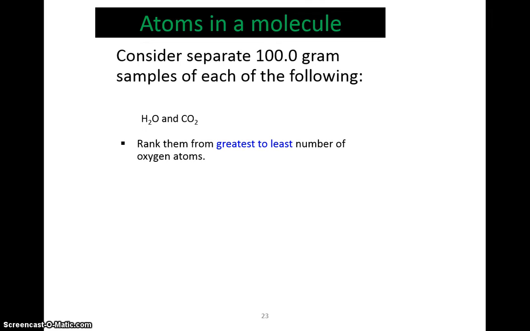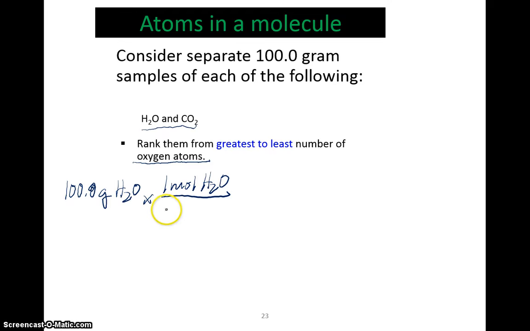Okay, as the last example, let's say we have 100 grams of each of the following samples, water and carbon dioxide, and the question wants us to rank them from greatest to least in terms of oxygen atoms. In this case, we can do some more dimensional analysis. We have 100 grams of H2O. We know that for every 1 mole of H2O, the molar mass is 18.